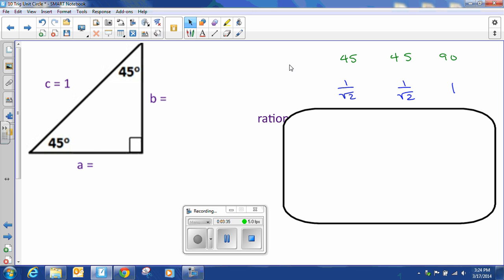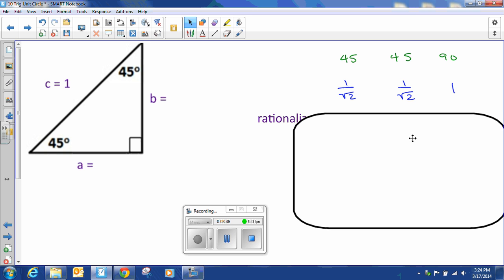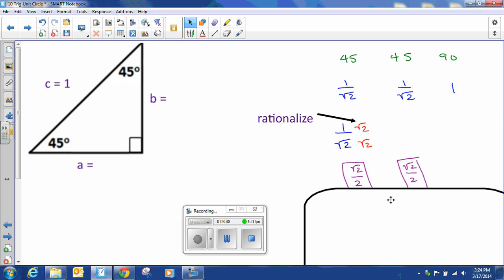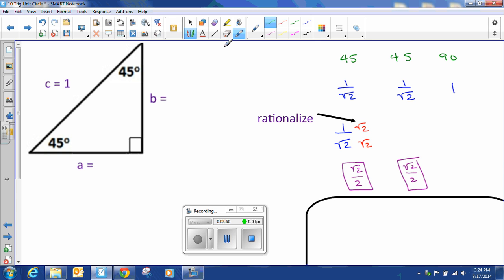To go backwards from the hypotenuse to the legs of a 45, 45, 90, you have to divide by radical 2. So divide by square root of 2, divide by square root of 2. And once again, we have to rationalize the denominator. So the legs end up being square root of 2 over 2, square root of 2 over 2.